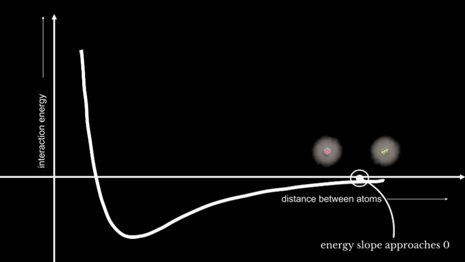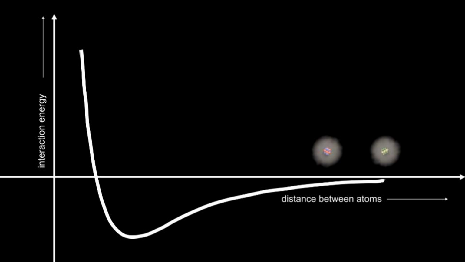As the atoms come close to each other, there exists an interaction energy whose value becomes more and more negative as the atoms move close to each other. A negative value of the interaction energy indicates the presence of an attractive energy between the atoms.